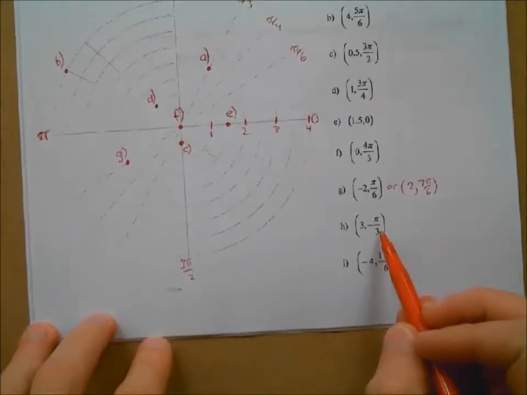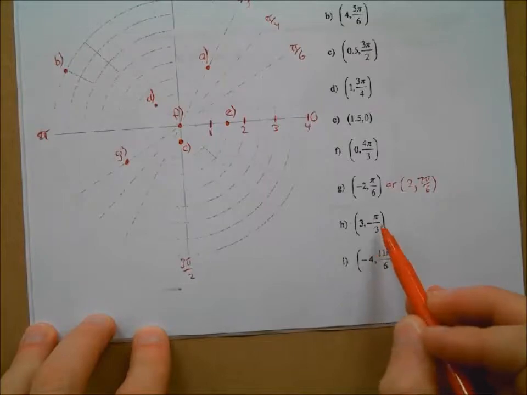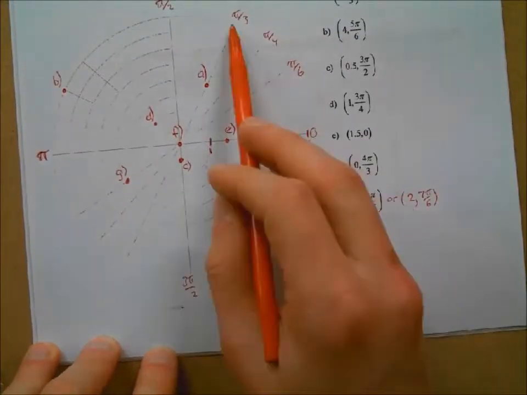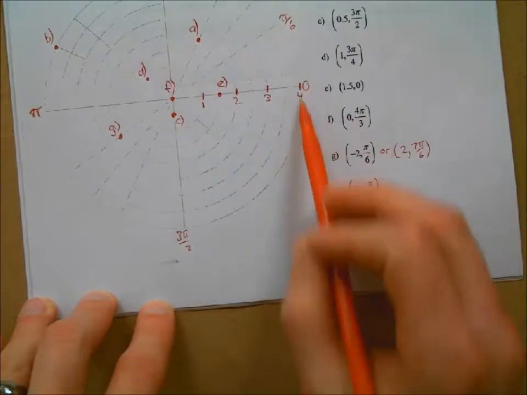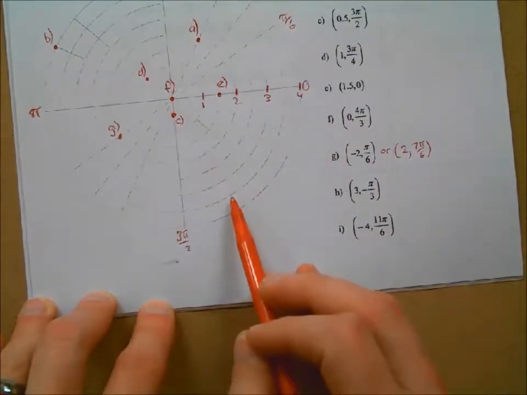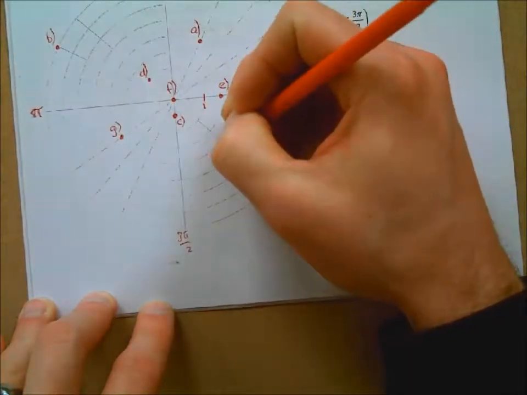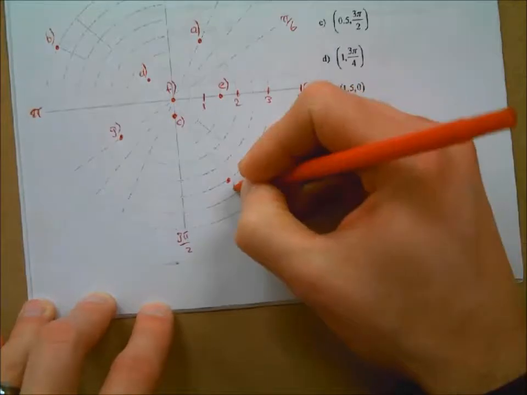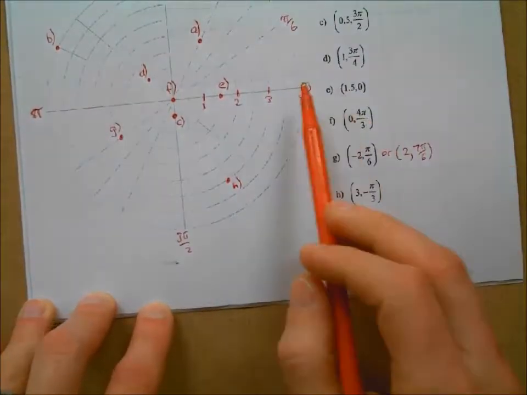-pi over 3. Okay, how do we handle -pi over 3? We know +pi over 3, we're going to go towards this direction, counterclockwise. So what should we do for -pi over 3? Clockwise, yeah, clockwise pi over 3 to this ray right here, and we'll go 3 towards it, because it's +3. So there's 1/2, 1, 1.5, 2, 2.5, 3 right there. Okay, and so there's H. And then finally I, okay, 11 pi over 6, so it's a +11 pi over 6.